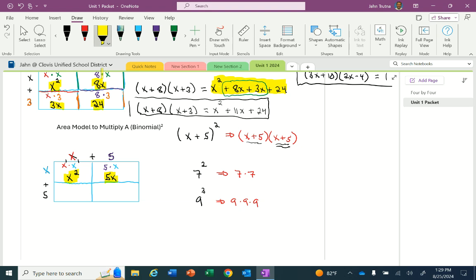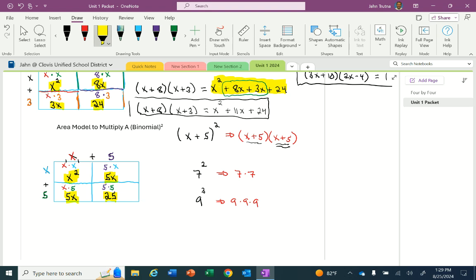Moving to the bottom right rectangle, I'm going to take the length, which is that positive 5, and multiply it with the width, which is also positive 5, and 5 times 5 is 25. So in the bottom right rectangle, I put a 25. That 25 is part of my answer. Bottom left rectangle, I'm going to take the length, which is that red x, times the width, which is that green 5. x times 5 is 5x. And that 5x is part of my answer.